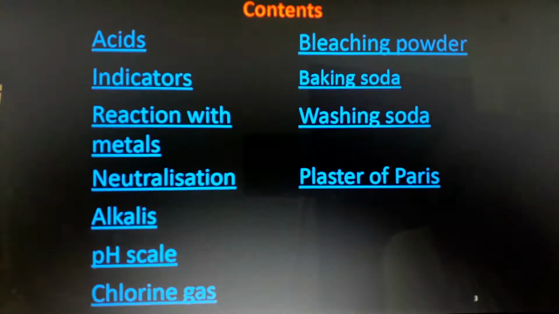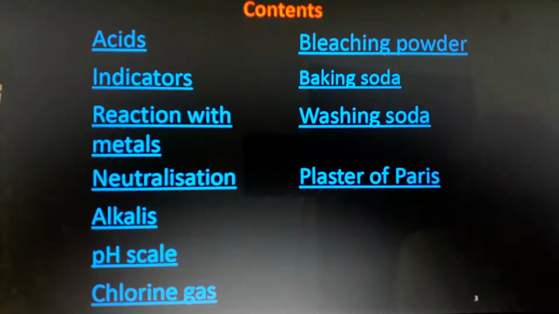Three mediums are there: acidic medium, basic medium and neutral medium. Neutral means how water behaves. Acidic means more acidity is there in that medium, and basic means more basic properties. We will study all that in detail. Alkalis: if we mix a base in water, that's an alkali.